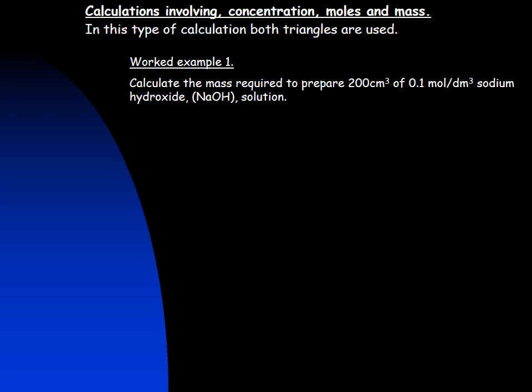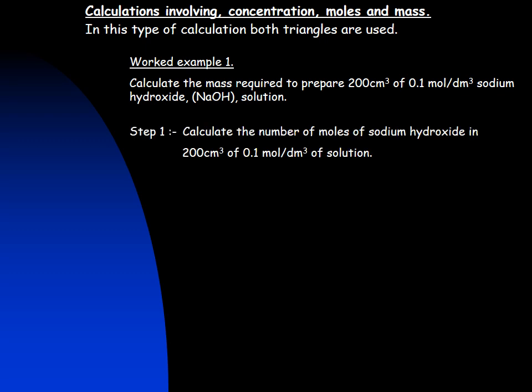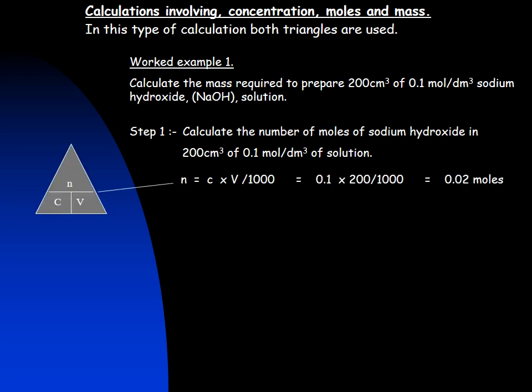So we'll look at example number 1, which is calculate the mass required to prepare 200 centimeters cube of 0.1 mole per decimeter cube sodium hydroxide solution, and the sodium hydroxide solution is NaOH, 1 atom of sodium, 1 atom of oxygen, 1 atom of hydrogen. So step 1, calculate the number of moles of sodium hydroxide in 200 centimeters cube of 0.1 mole per decimeter cube solution, and for that we're going to have to use our formula triangle for the solutions.